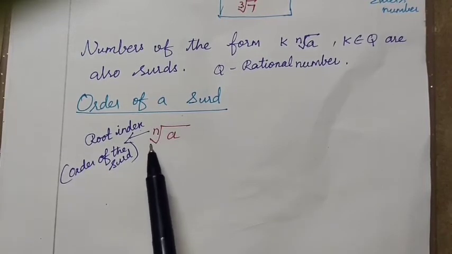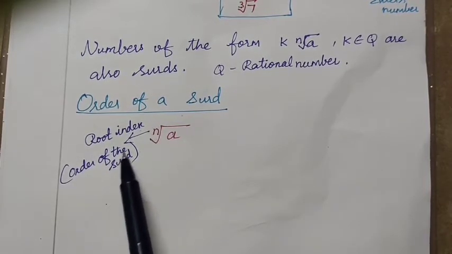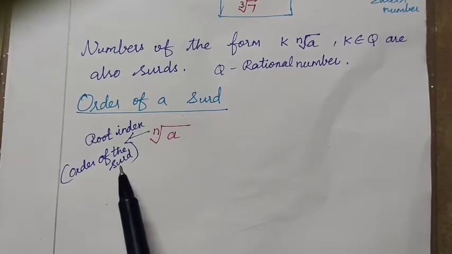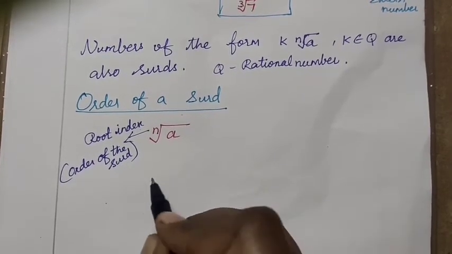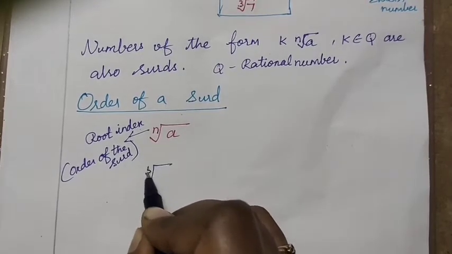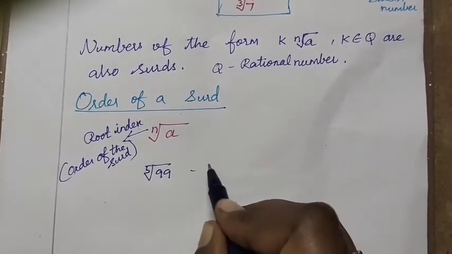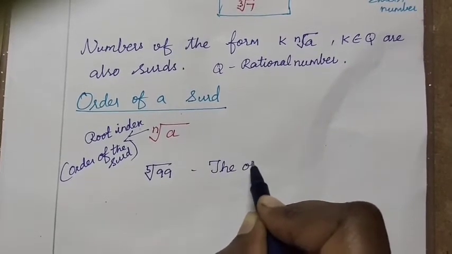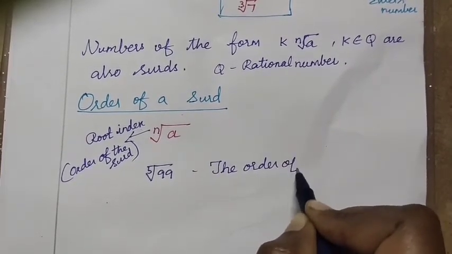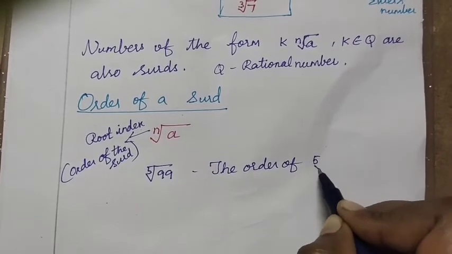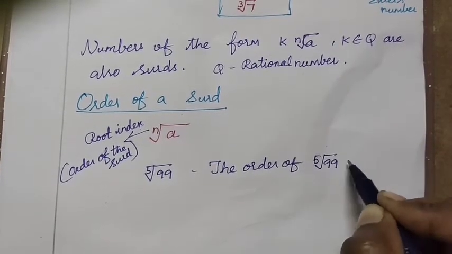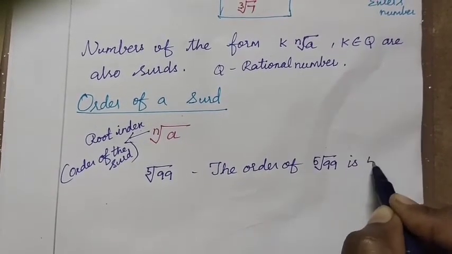If it is a surd, this n is called the order of the surd. For example, the surd 5 root 99: the order of the surd is 5.